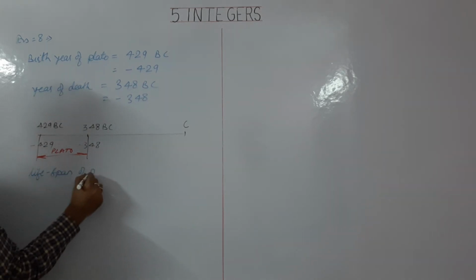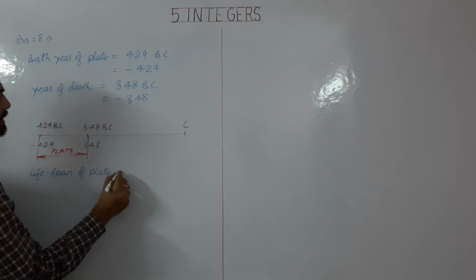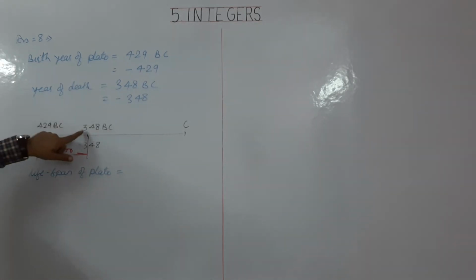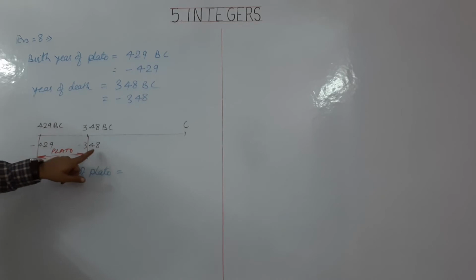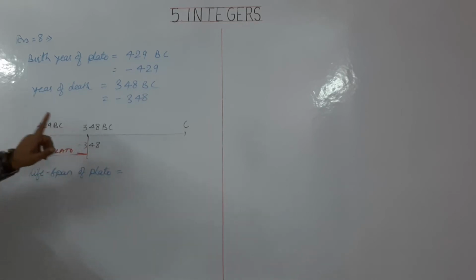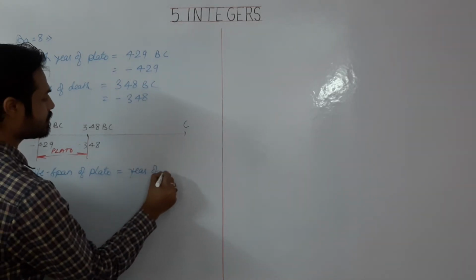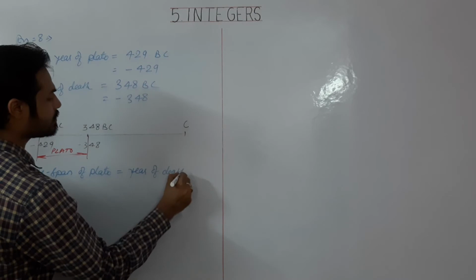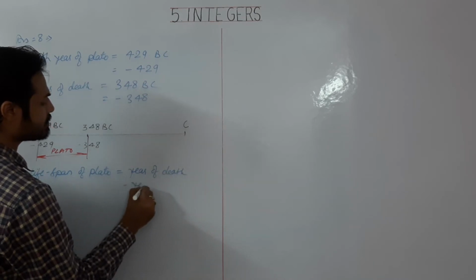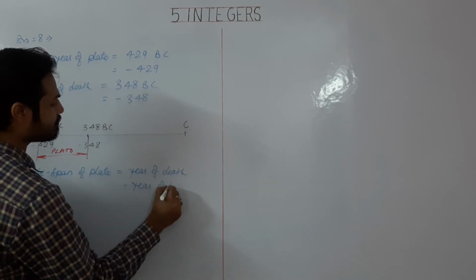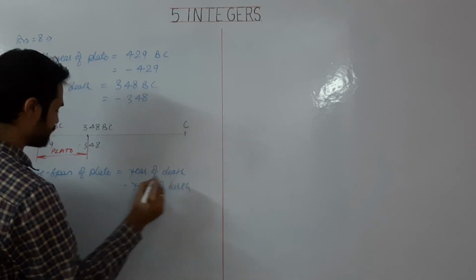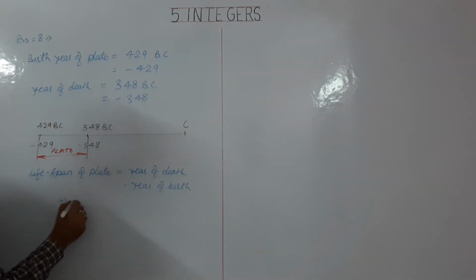Lifespan of Plato equals this minus this, final minus initial, or year of death minus year of birth.